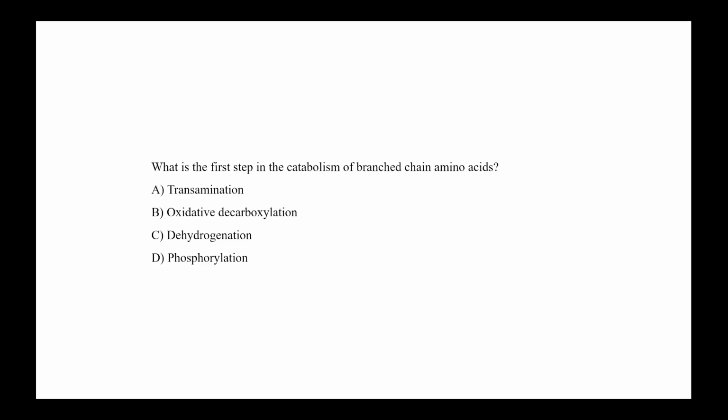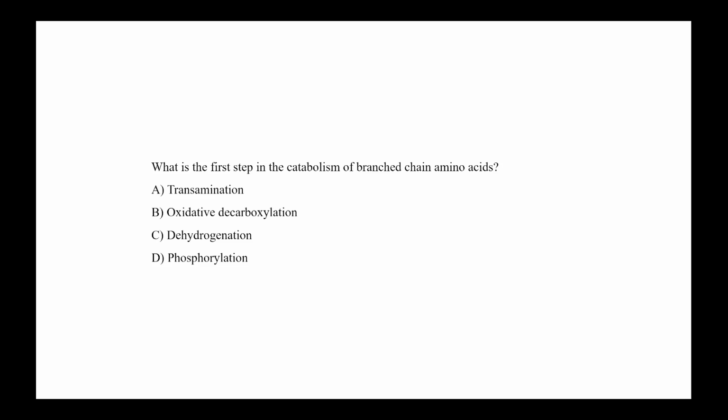What is the first step in the catabolism of branched chain amino acids?